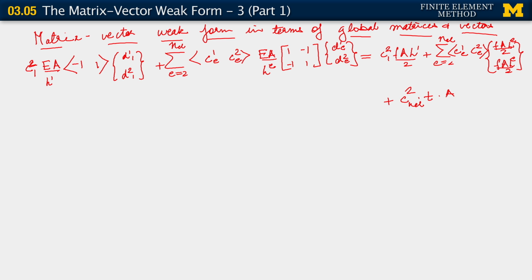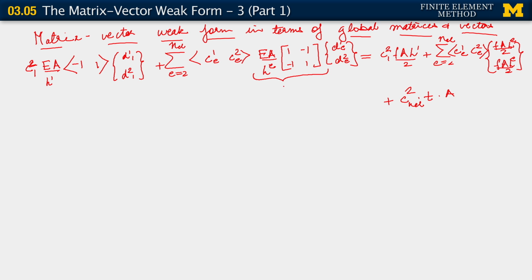Now, again for notational purposes, I want to state that from the traditional finite element literature, that matrix, including the factor in front of the actual matrix, is traditionally called the element stiffness matrix.